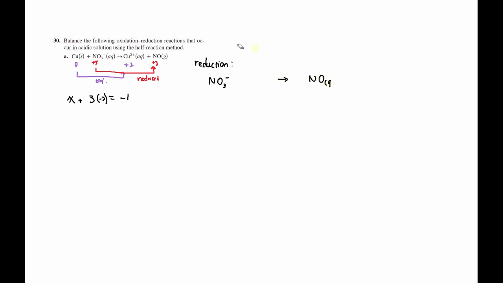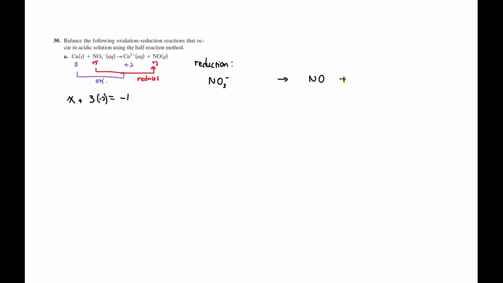For now I'm going to ignore the states. We have to balance the number of atoms here. We have the same number of nitrogen, so that's fine. However, we have 3 oxygen as opposed to 1.